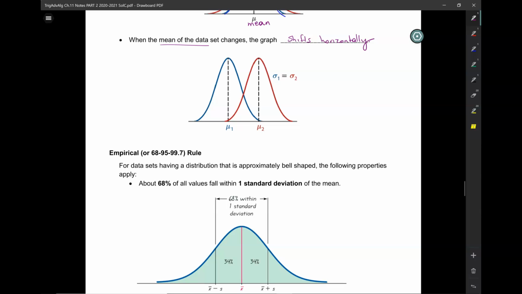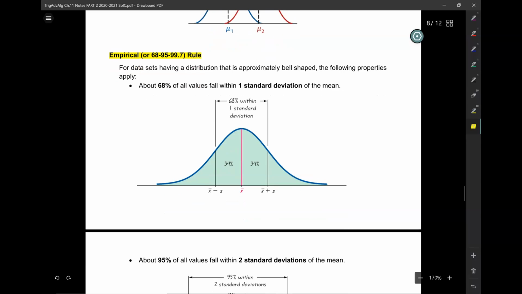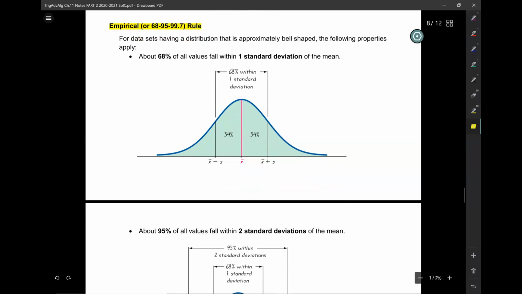It's so consistent that it's called the empirical rule. It's got two names: the empirical rule, or the 68, 95, 99.7 rule, literally because those are the numbers you use for the rule. At some point, statisticians were just like, let's just use the numbers.